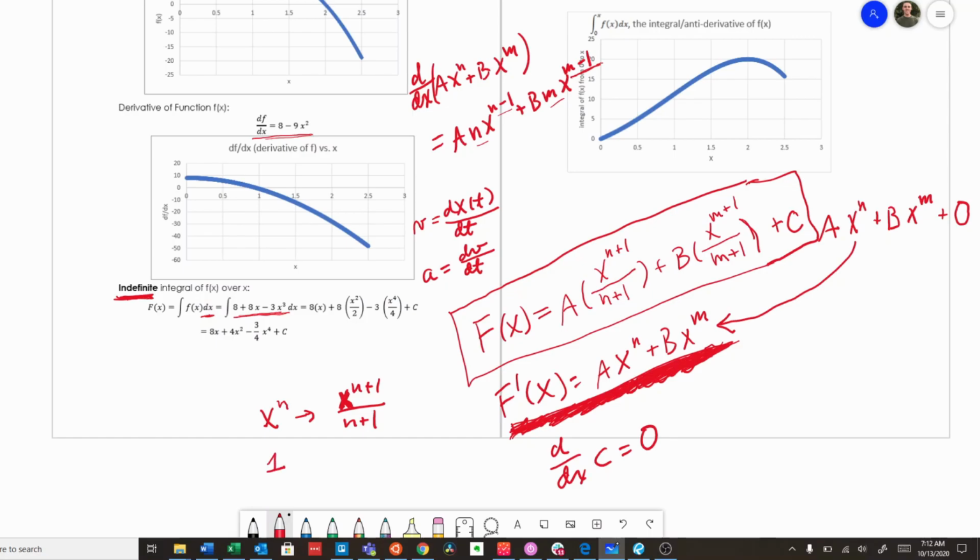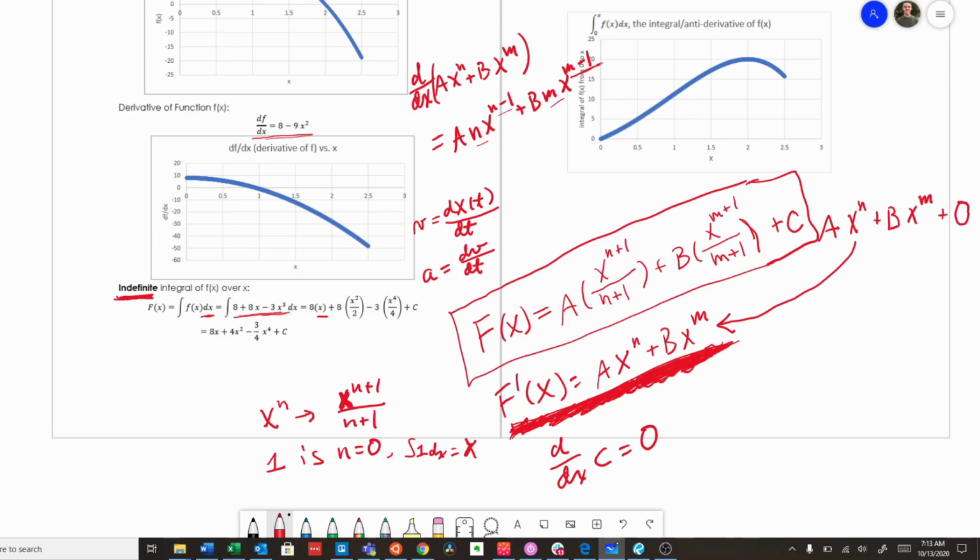For 1 is where n equals 0. The antiderivative of that term, when you plug in 0 in here, is x to the 1 over 1, right? So the antiderivative of 1 dx is just x. So that's where this comes from.